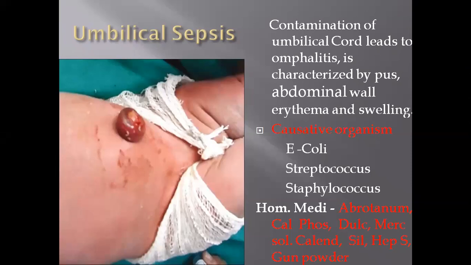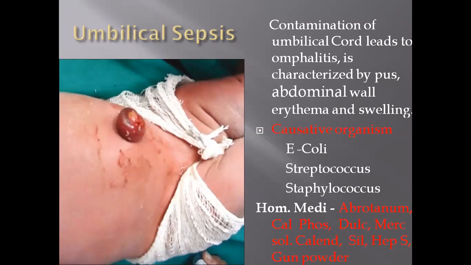But the most commonly used medicines are calcarea phos, calendula, silicea, gunpowder, which are the commonest medicines used in umbilical sepsis. Other medicines also, you can say abrotanum, dulcamara, mercurius, hepar sulph.